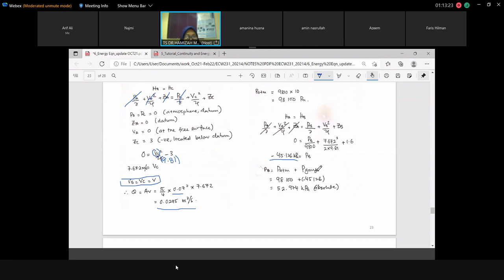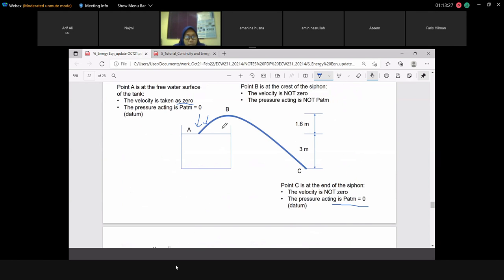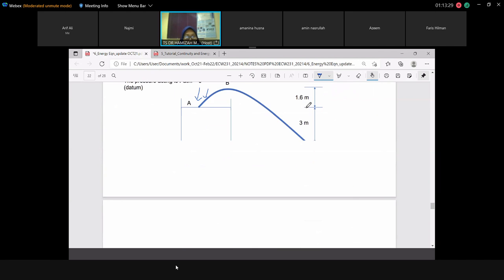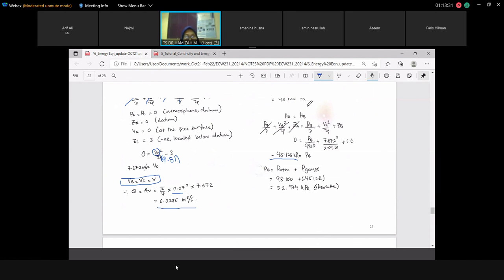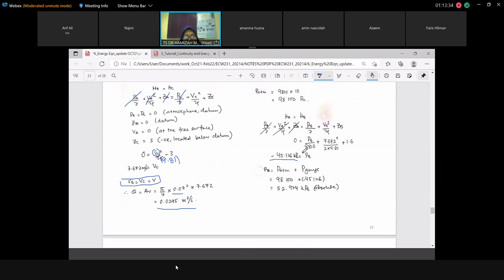So this 10 meter is converted into kilopascal first, then only can we add. So we add the atmospheric pressure and the gauge pressure, and we get the absolute pressure for point B.